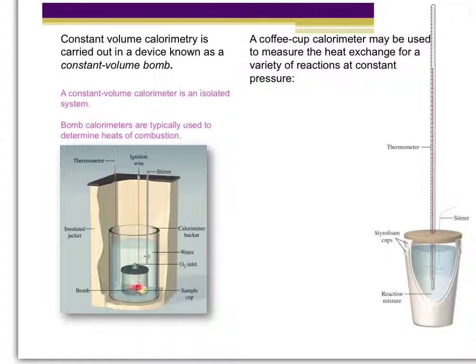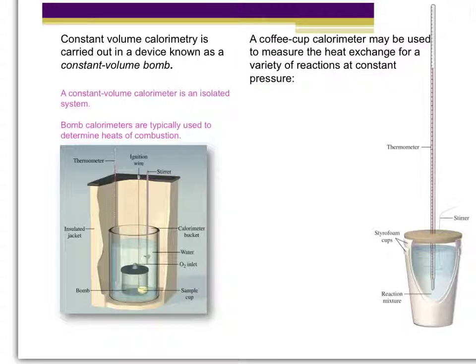As the sample undergoes whatever reaction it's going to undergo, there is a net increase or decrease in temperature in the surroundings, and the thermometer can show that change in temperature.